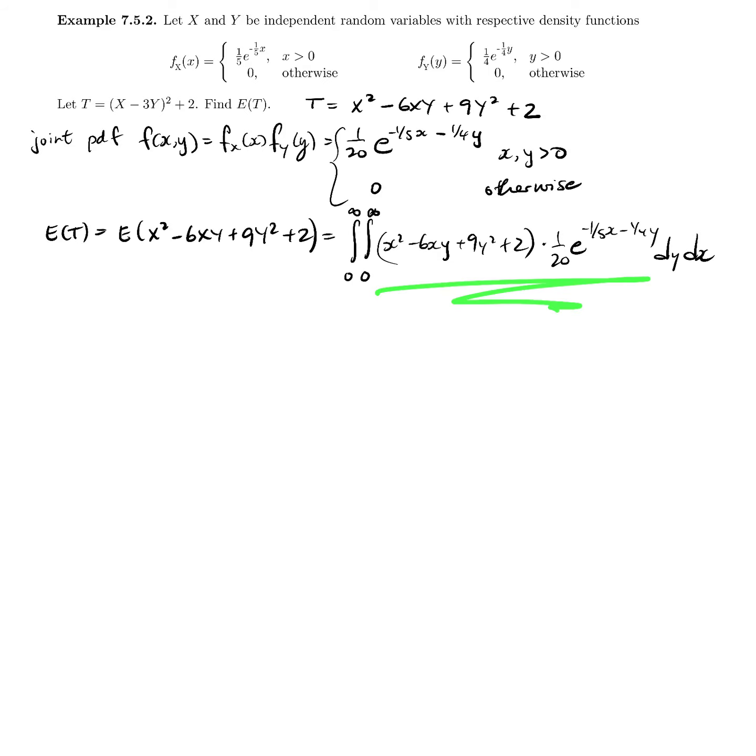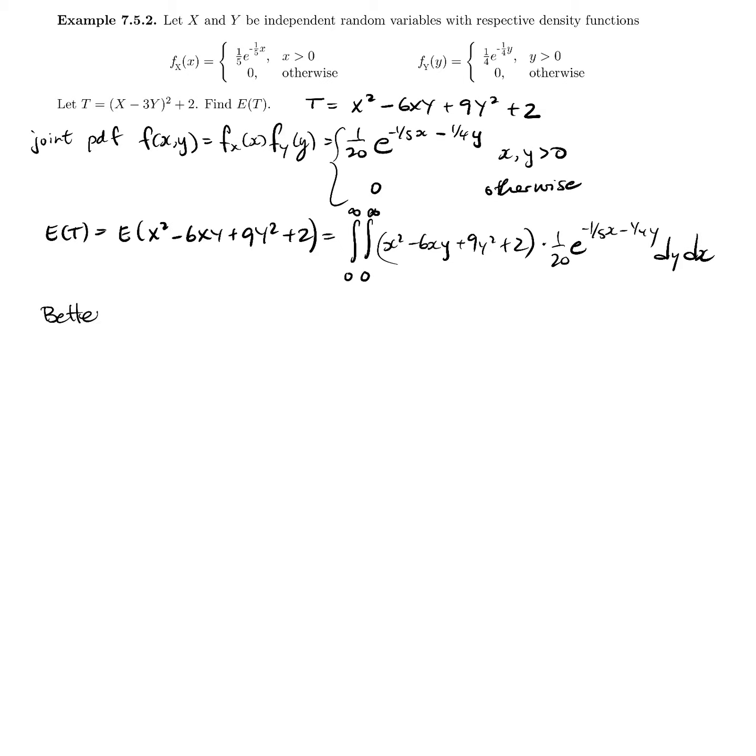And if we just go directly to the support, from 0 to infinity, because this is an unbounded, improper integral, from 0 to infinity of the function, which is X squared minus 6XY plus 9Y squared plus 2 times the density function, so times 1/20 e to the minus 1/5 x minus 1/4 y dy dx, and that is just awful. I would not want to do that integral. And so what is a better method?